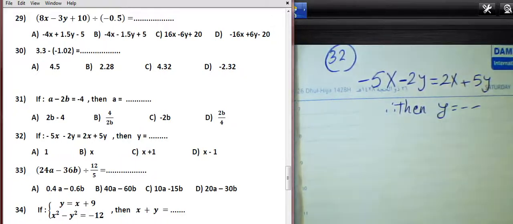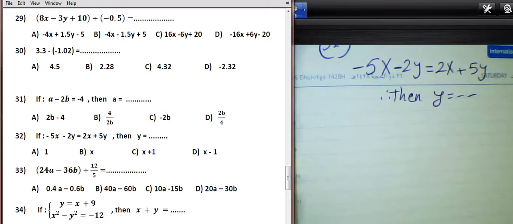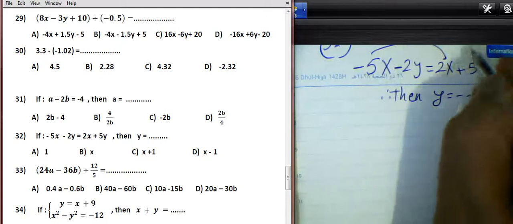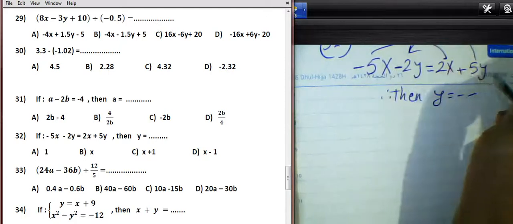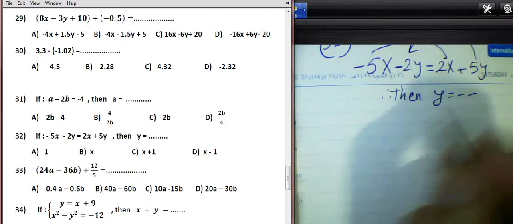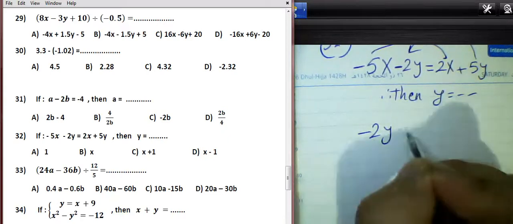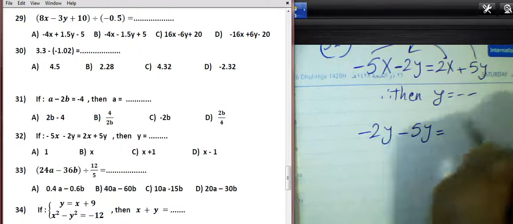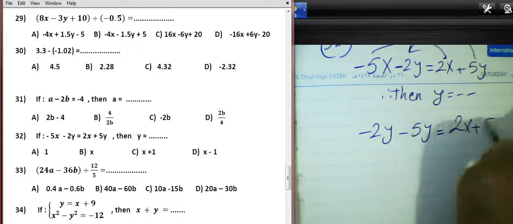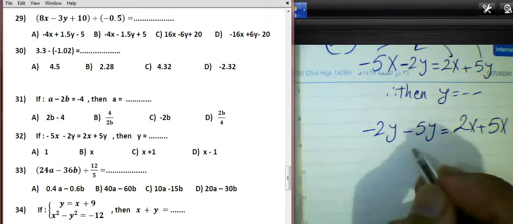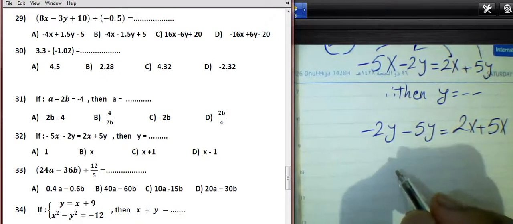You can solve it. It's easy. You can move negative 5x from the left hand side to the right hand side, and we can move 5y from the right hand side to the left hand side. So we can write negative 2y negative 5y equals 2x plus 5x, and then we can find the result for negative 2y and negative 5y.